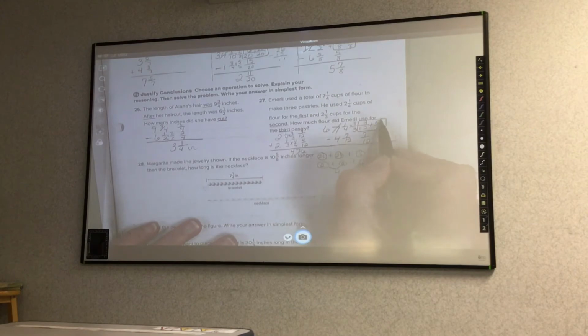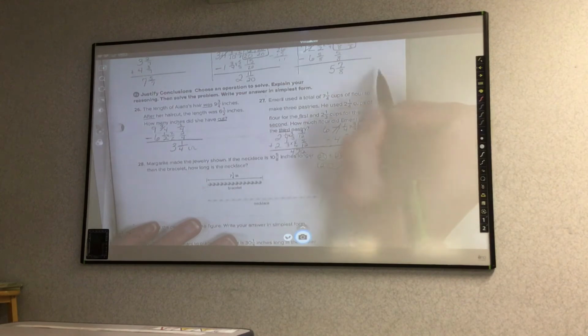So 12/12 plus 3/12 is 15/12. 15 minus 7 is 8/12. 6 minus 4 is 2. I do not want to leave it as 8/12 though, because I can reduce by 4. So I'm kind of running out of room, so I'm going to write 2 and 8/12 reduced by 4.